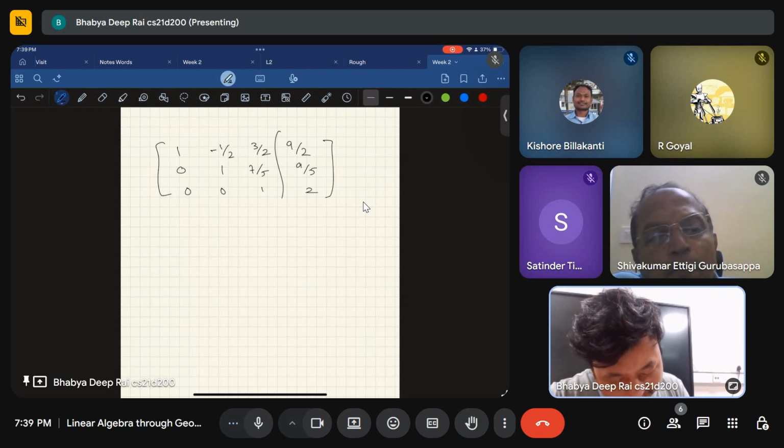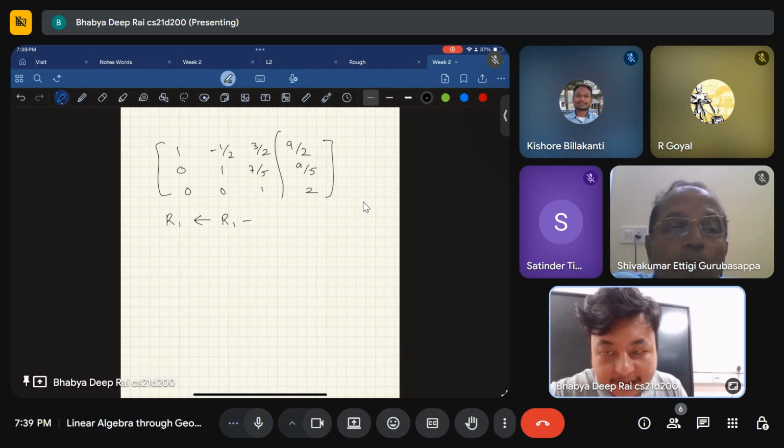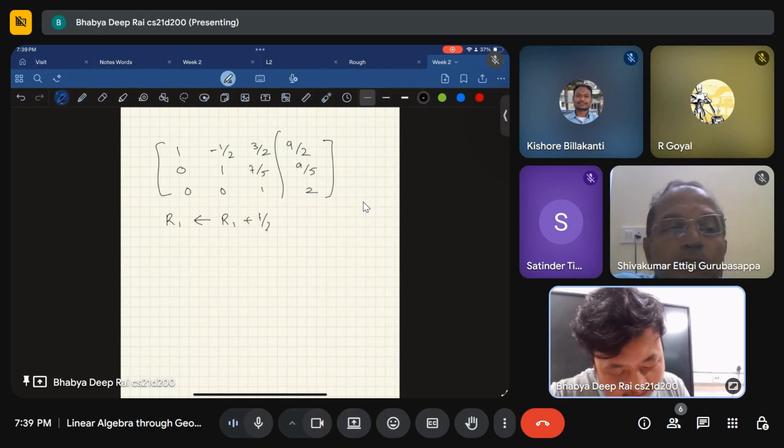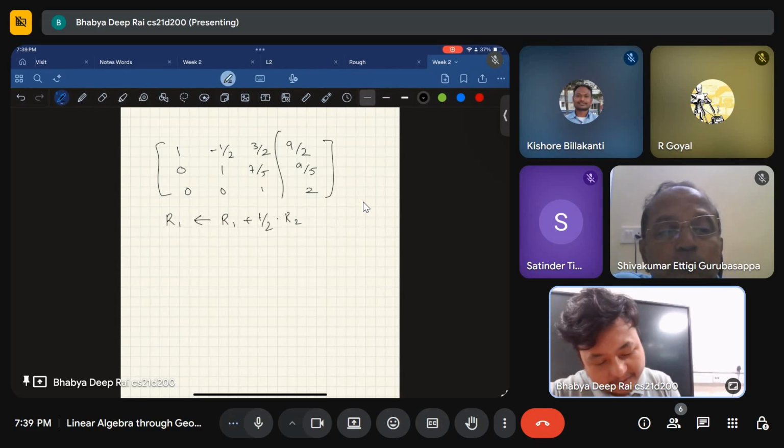In R1 I can do R1 minus 1 by 2 times R2. That will make this 0.